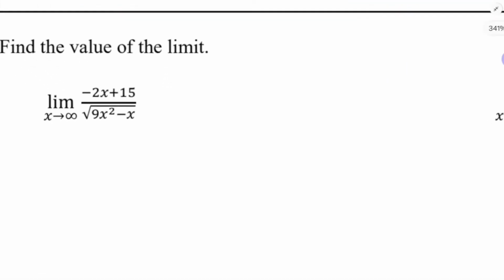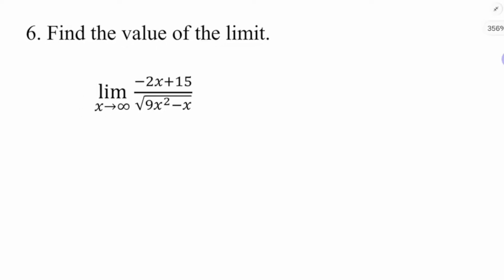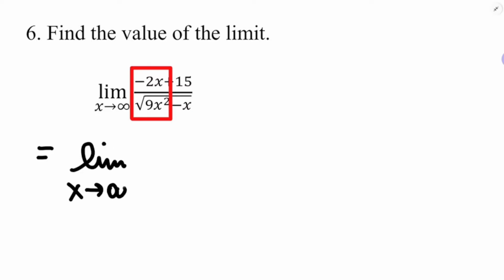Here's another one of these where it could be a double horizontal asymptote. What we're going to do is just look at this. I'm going to say that's equal to the limit as x approaches positive infinity of negative 2x in the numerator divided by, let's say, the 3x, but really it's the absolute value of 3x because we're taking the square root of x squared.